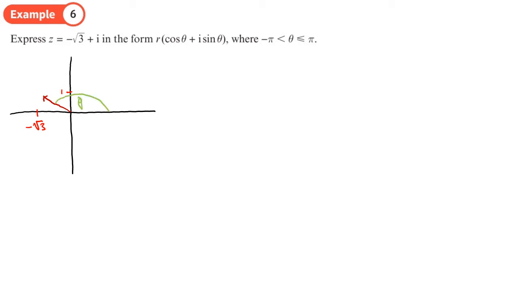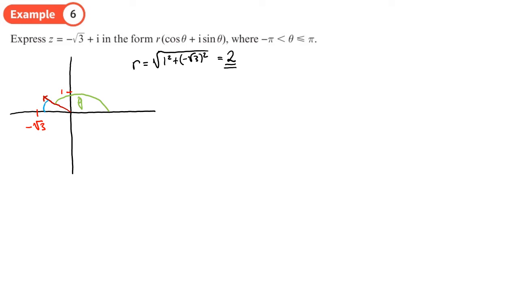However I work it out, I might need to add pi over 2 or take away my value from pi to find the argument. So let's start with r, that's the easy bit. r is going to be the square root of 1 squared plus negative root 3 squared. So that's 1 plus 3, 4, square root of 4, 2. So r is 2.